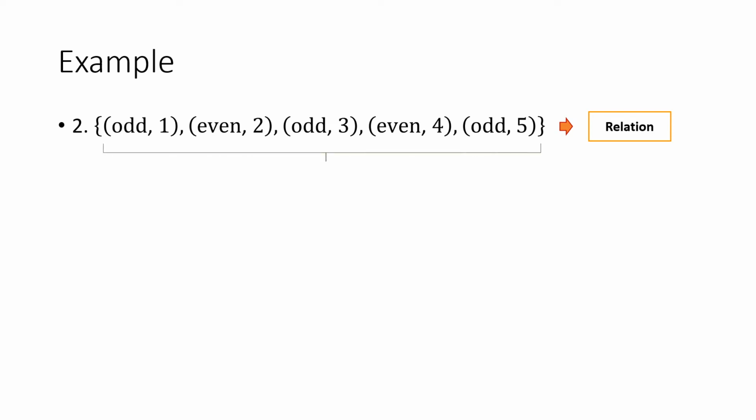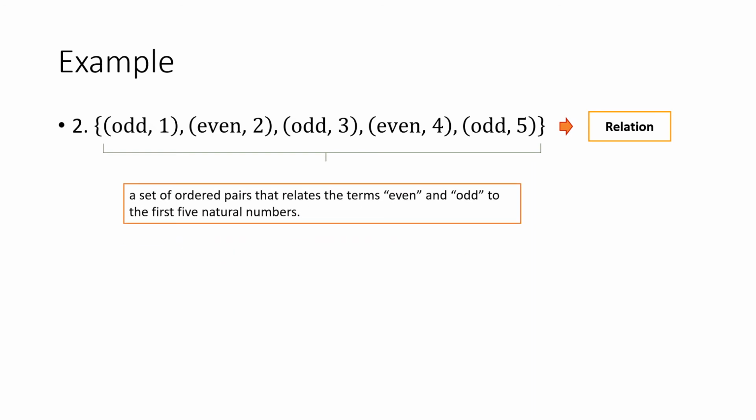Now, this is an example of a set of ordered pairs that relates the terms even and odd to the first 5 natural numbers. The terms odd and even relate to the first 5 natural numbers, 1, 2, 3, 4, and 5. So if we are asked, what is the domain?